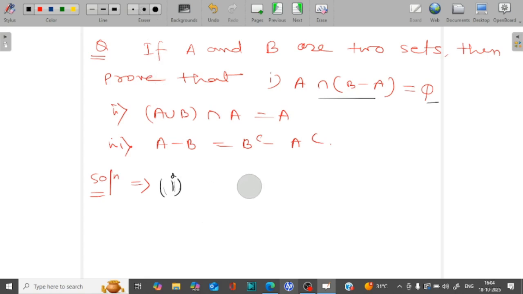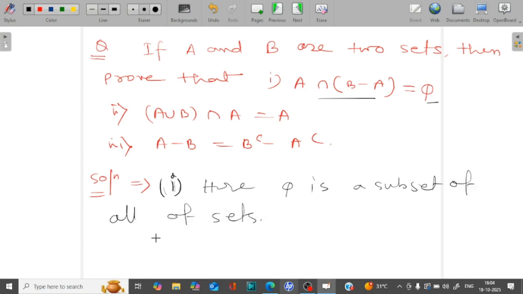Here we write it first, that means phi is a subset of all of sets. So phi is a subset of A intersection (B difference A).